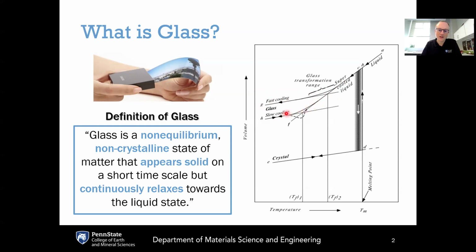It undergoes the glass transition at a lower temperature and then freezes into a glass with a lower molar volume. So two different glasses here that are both the same chemistry at the same temperature, but because they experience different thermal histories, they end up with different properties.